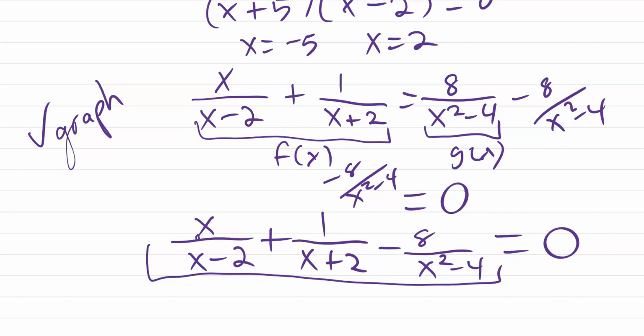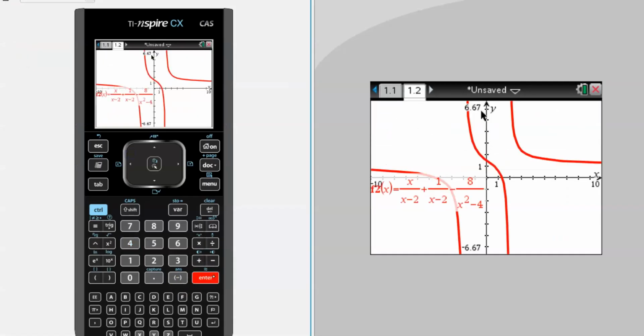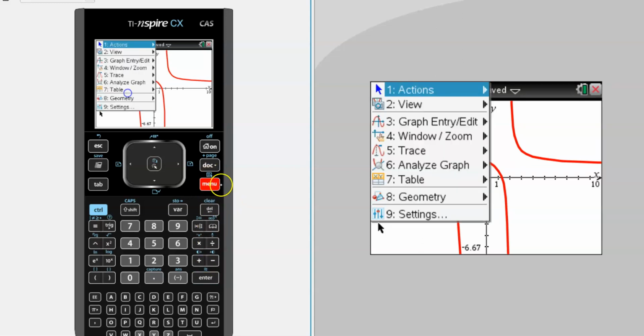So we said we thought this crossed at negative 5 and 2. Something's wrong. Weird. This is doing some really strange things, because I'm looking at this going, well, analyze this graph.